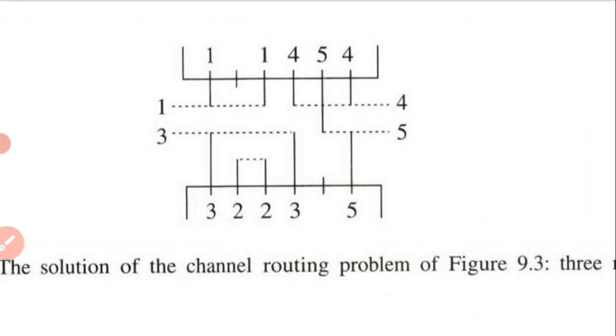Terminals with the same net number are connected together: one net is connected horizontally using a dashed line and vertically using solid lines. Similarly, all the terminals are connected in the same way. That is the channel routing solution, and this one is gridless routing.